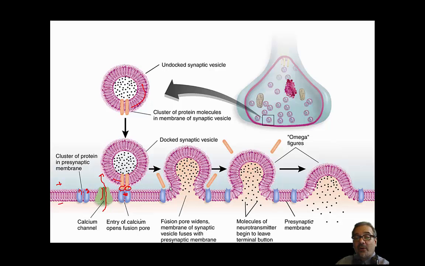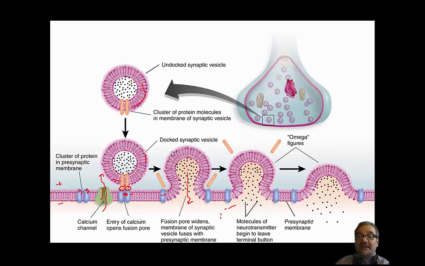Now, after the docking of the synaptic vesicle and the opening up of the fusion pores, neurotransmitter is released into the synaptic cleft, and these molecules just begin to leave and travel to the postsynaptic membrane.